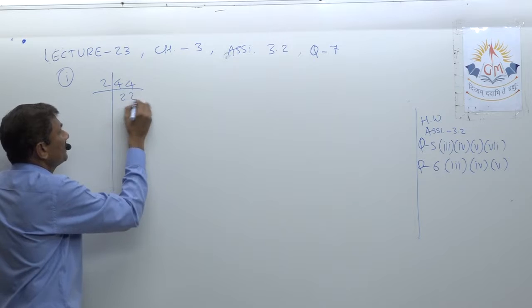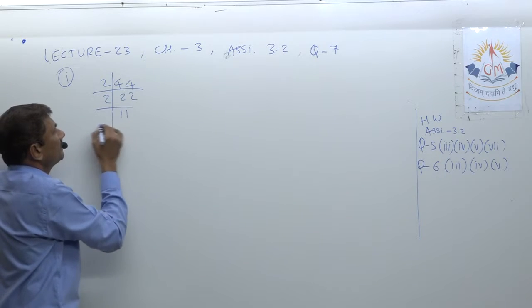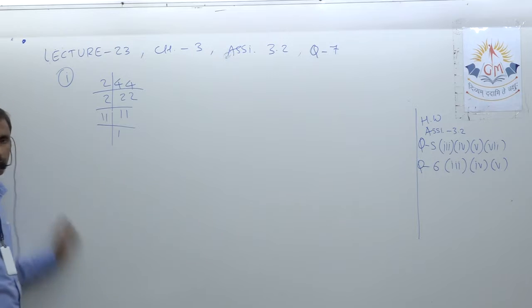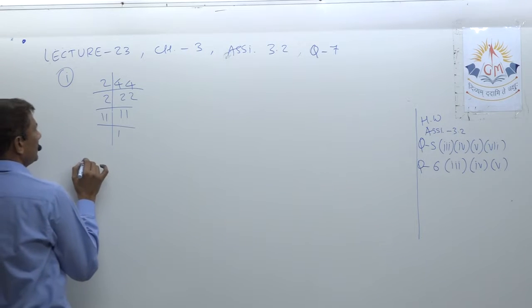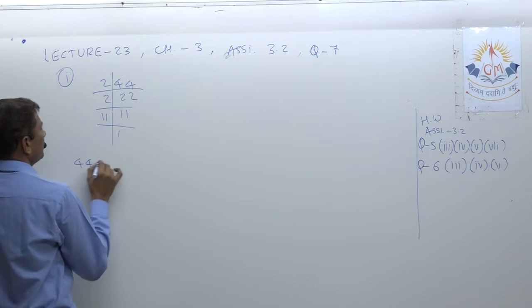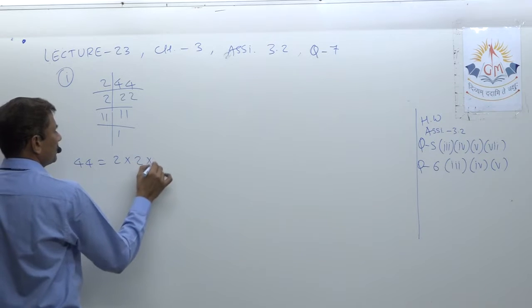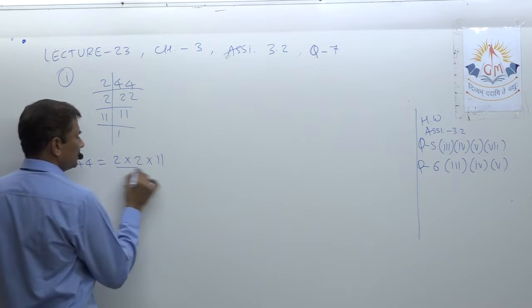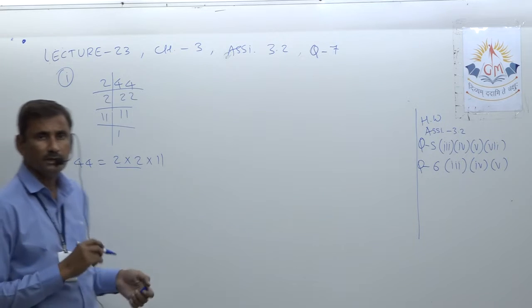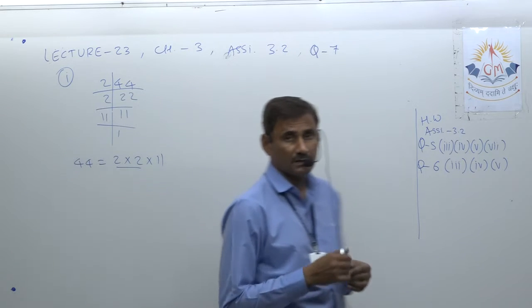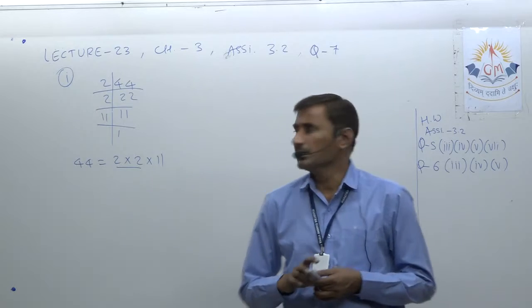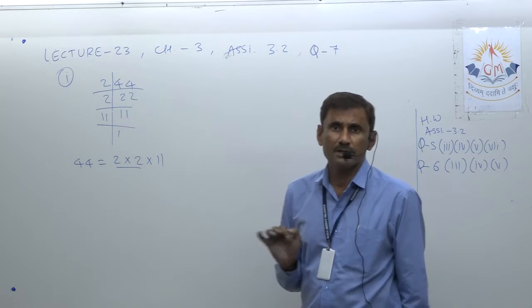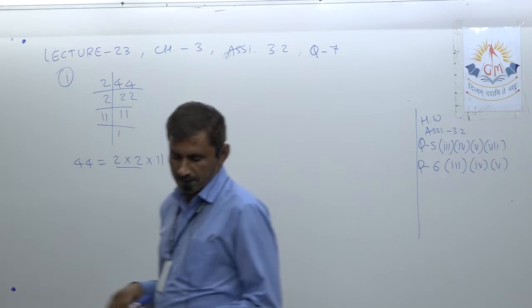Then 11, then 11 1. So write down here 44 equals 2 into 2 into 11. Now make pairs. Here 11 is not paired, so if you multiply it by 11, it will become a perfect square number.